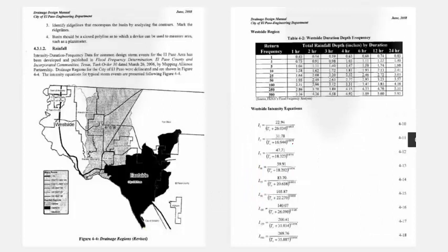Okay, so this is taken from the manual for the City of El Paso, the drainage manual. And what's good is that it divides the depth of the different storm events between the west side, the central, and the east side of El Paso. So it's a little more specific. For example, here you see for the west side region, which would be here, you have the return frequency.